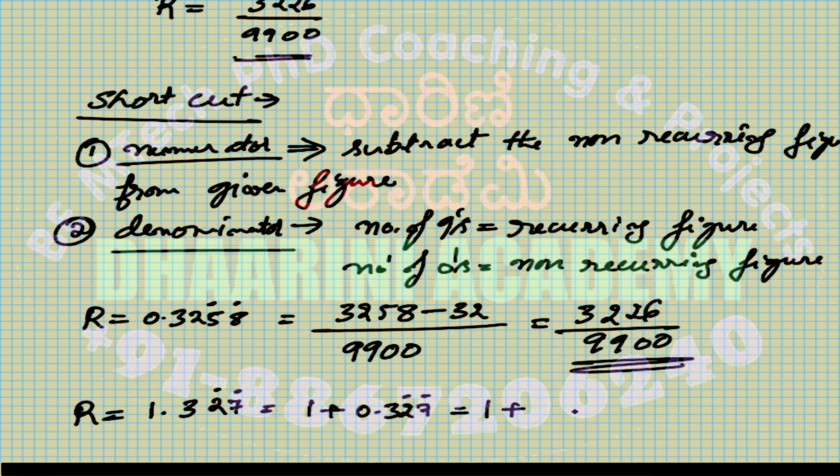So this is 1 plus: subtract the non-recurring figure from the whole number, that is 327 minus 3, divided by the denominator. There will be nines equal to the number of recurring digits, so two nines, since two digits are recurring, 2727, and one digit is non-recurring, so this is 990. Simplify: 990 plus 327 minus 3, whole divided by 990, that is 1314 divided by 990.